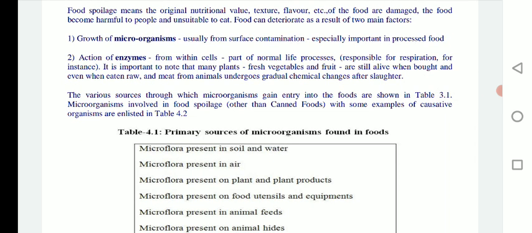So the first reason for spoilage of food is the growth of microorganisms, and the second is the action of enzymes. From within the cell, as a part of normal life processes, enzymes are responsible for respiration. For instance, many plants, that is fresh vegetables and fruits, are still alive when brought, and even when eaten raw, and meat from animals undergoes gradual chemical changes after slaughter.